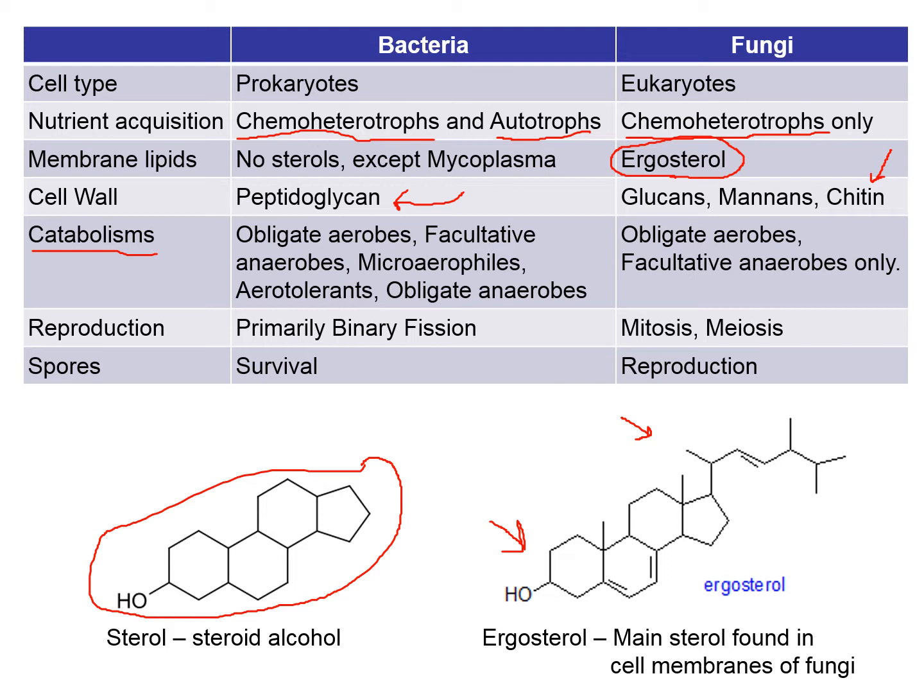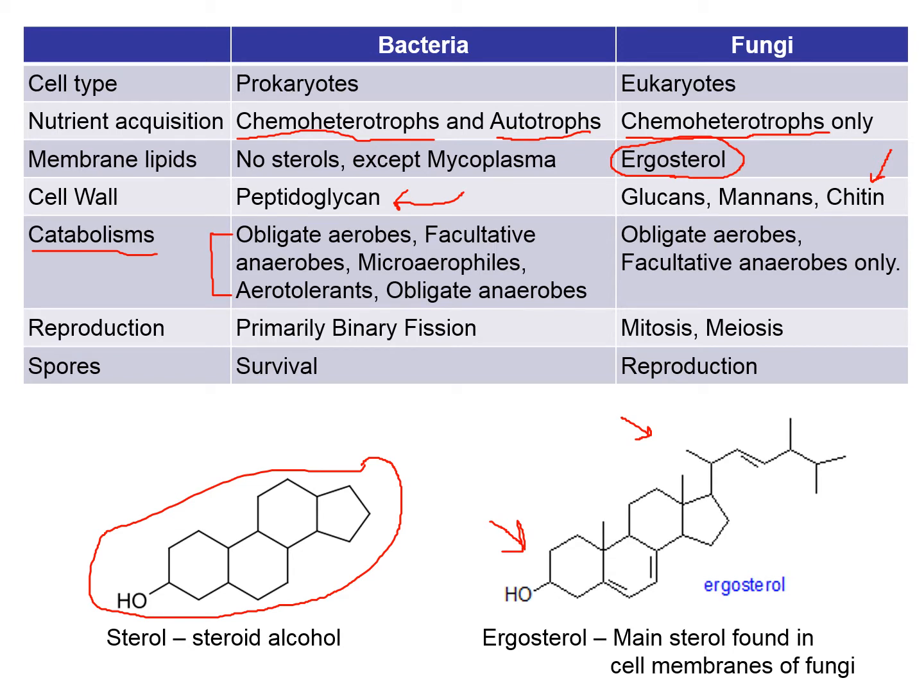Remember, in addition to the chemotroph versus autotroph, you also have several different types of metabolism and thus oxygen requirements for the bacteria. Fungi, on the other hand, basically do only aerobic cellular respiration or a very specific type of fermentation. So they're typically obligate aerobes or facultative anaerobes only. You won't find obligate anaerobes or microaerophiles or aerotolerants in the fungal kingdom.